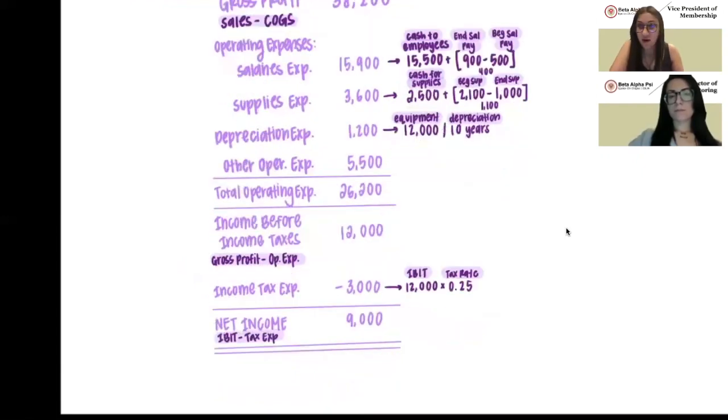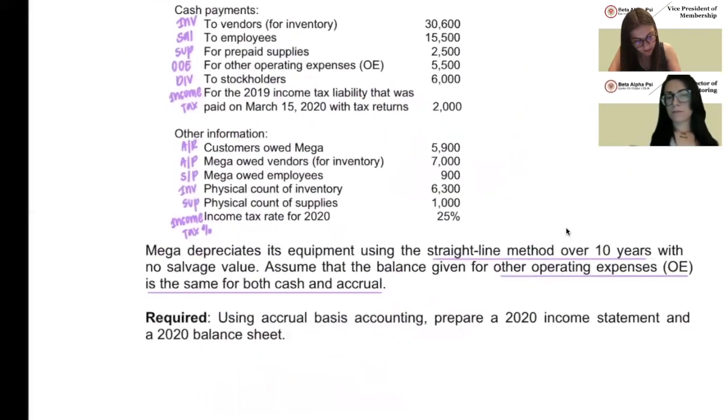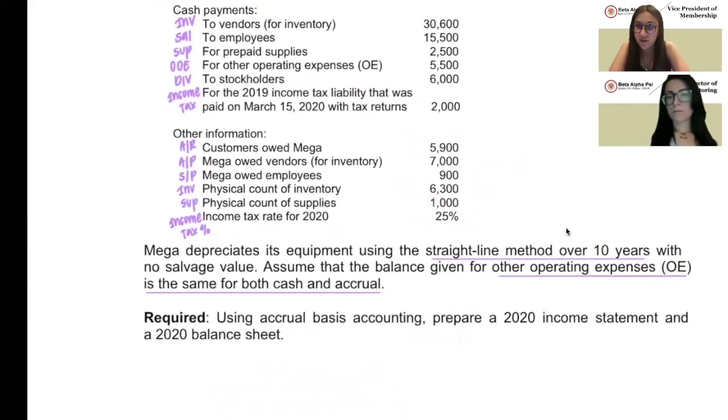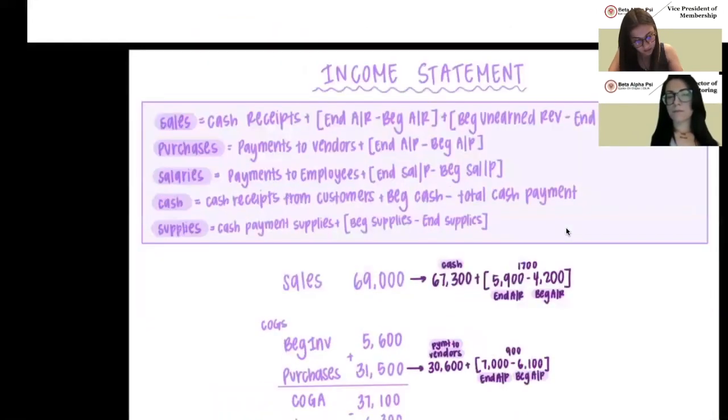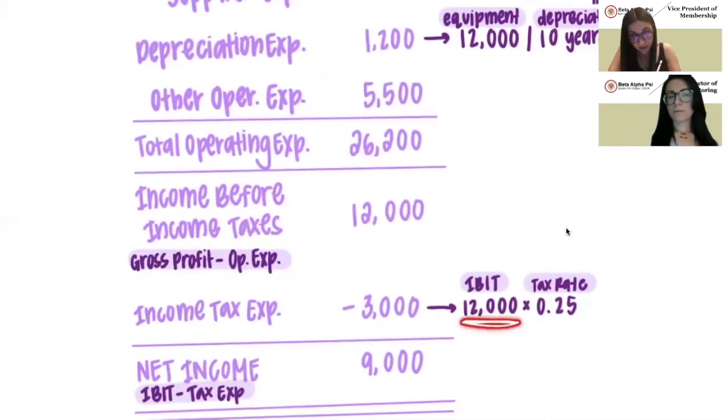Now we need to calculate what our income taxes are. They tell us here that our income tax rate for 2020 is 25%. So here, how we're going to find our expense, we're going to take this 12,000, we're going to multiply it by 25%, and we know that our income tax expense is going to be $3,000.